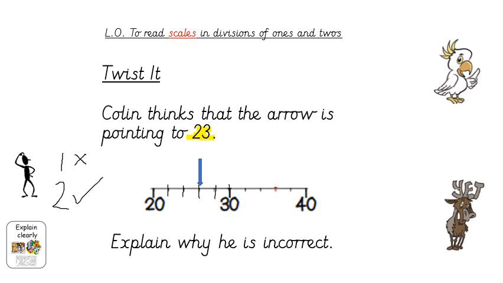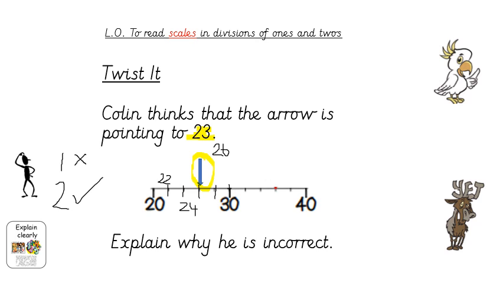So now we can work out what this is here. So let me get my black pen again. So 20, 22. I'm going to write the next one down here. 24. So this one is 26.